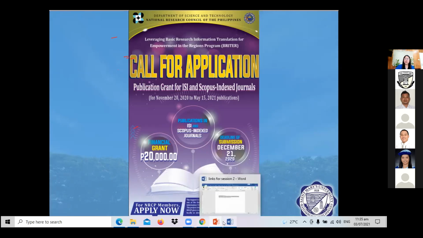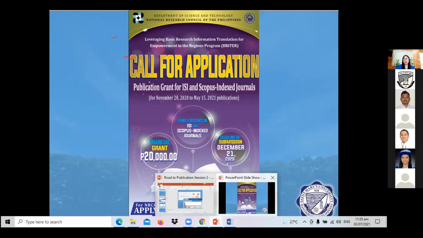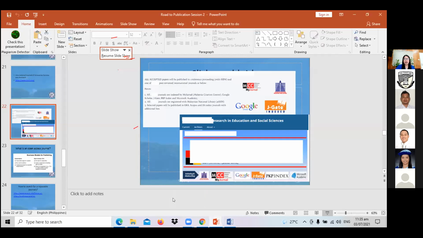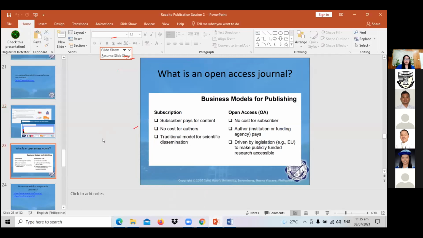But as I have mentioned, don't exaggerate that all of the journals ask for that huge amount of payment. Just like what I have mentioned, the majority of the papers that I publish are all for free.